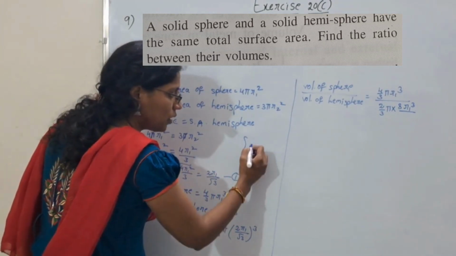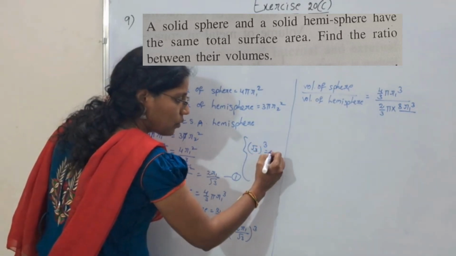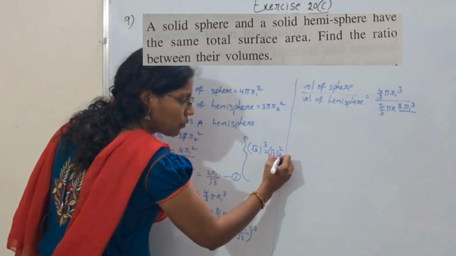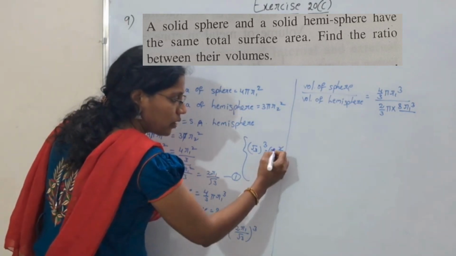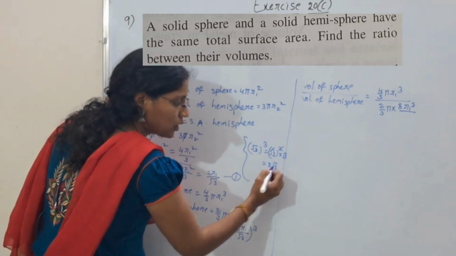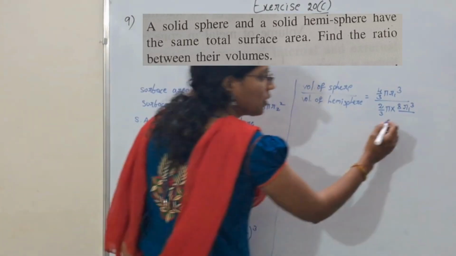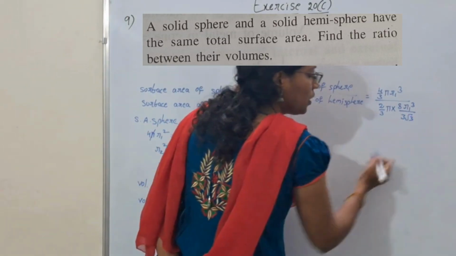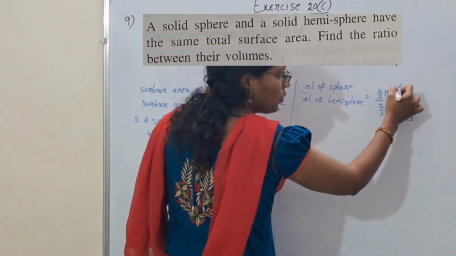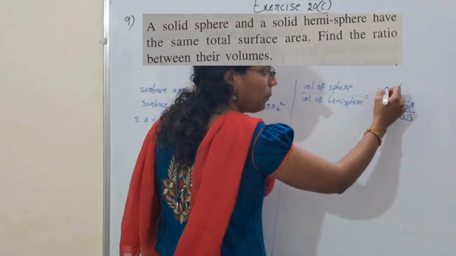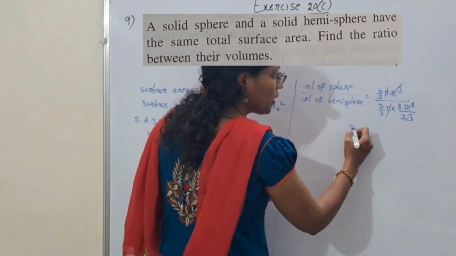Root 3 whole cube: root 3 whole square into root 3 we can write. The square root cancels, 3 root 3. So instead of root 3 whole cube we can write 3 root 3. Here r1 cube cancels, pi cancels.